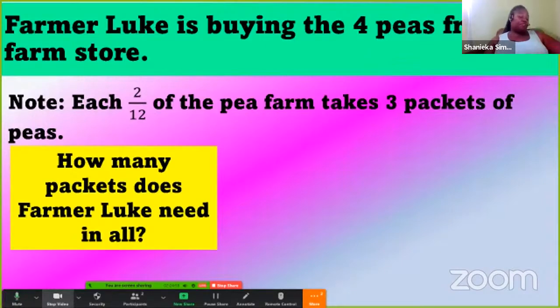That's what we need to think about first. We need to think about each piece, because we can't buy a packet of peas with both red peas and pigeon peas in it, if you understand what I'm saying. So that should be a little hint when you're calculating your peas. So go ahead and tell me how many packets of red peas Farmer Luke needs to buy.